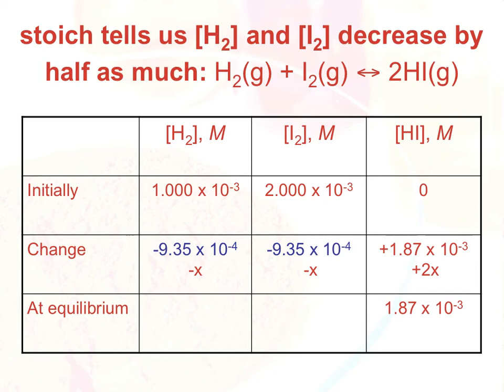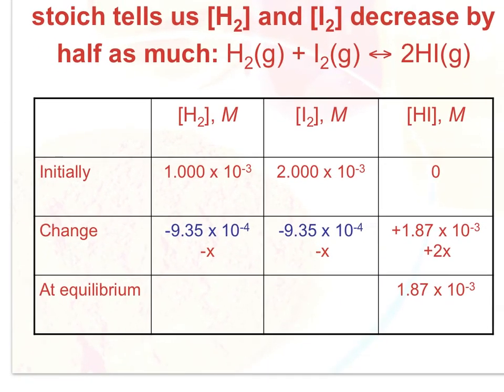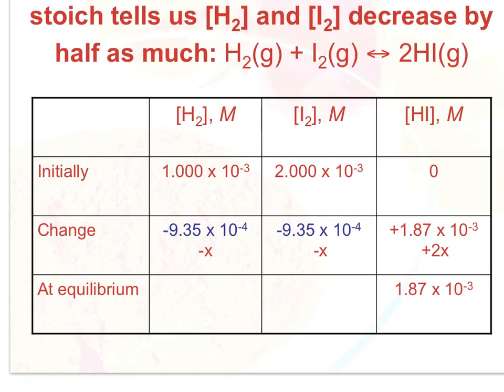We can therefore figure out our equilibrium values based on the initial values that we were given. You can see them here and here, and basically the change that's going to occur in those values. Our equilibrium is going to be established by the relationship between our initial and change values from the ICE table.